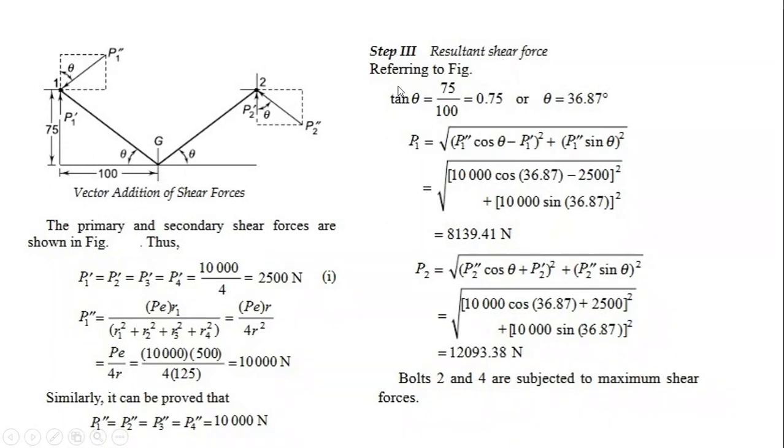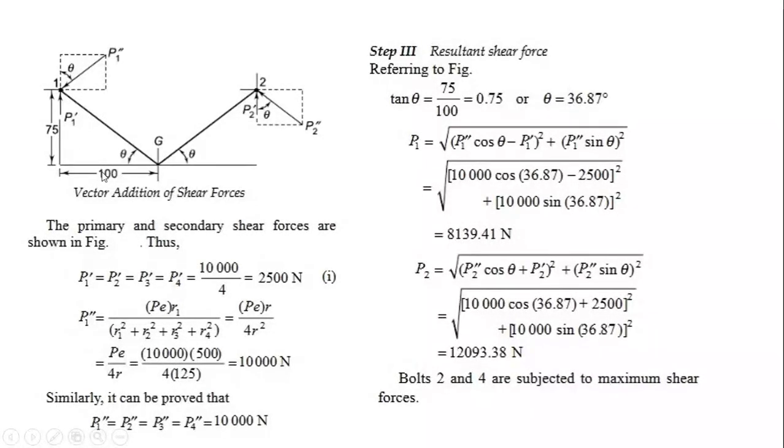Resultant shear force. We can find the resultant shear force referring to the figure. Here tan theta equal to 75 divided by 100. This is the theta value. Tan theta equal to opposite side divided by adjacent side.